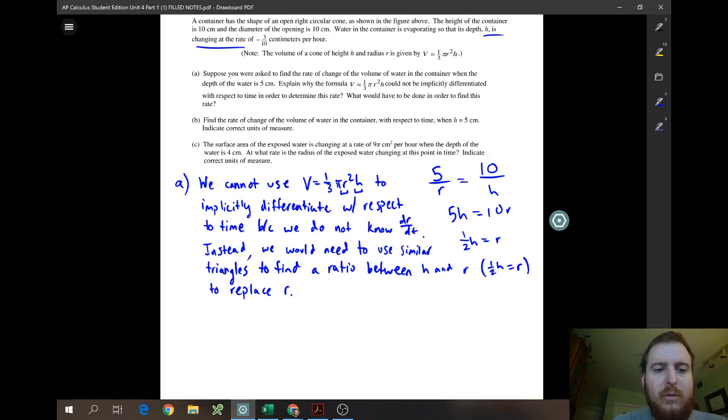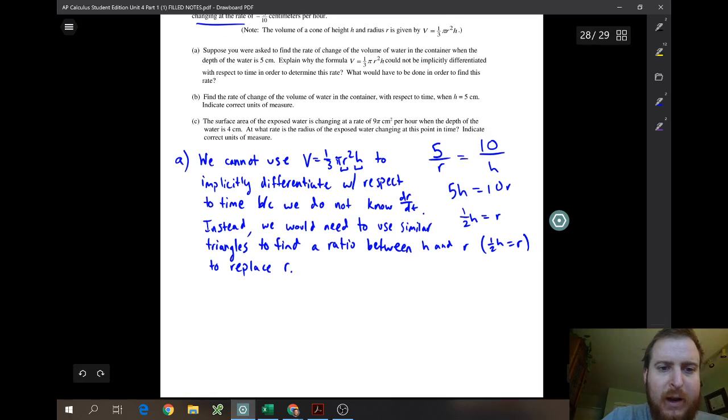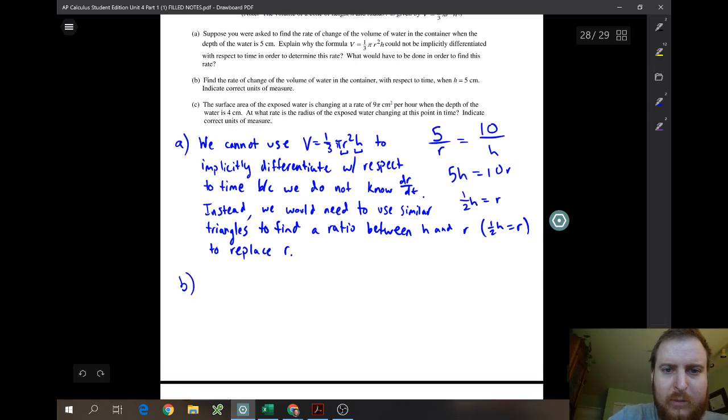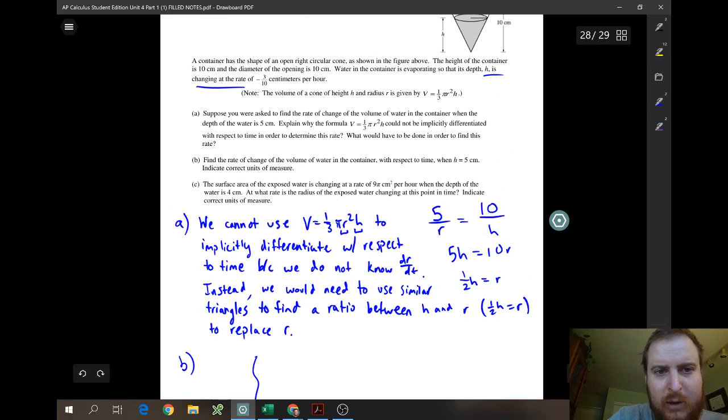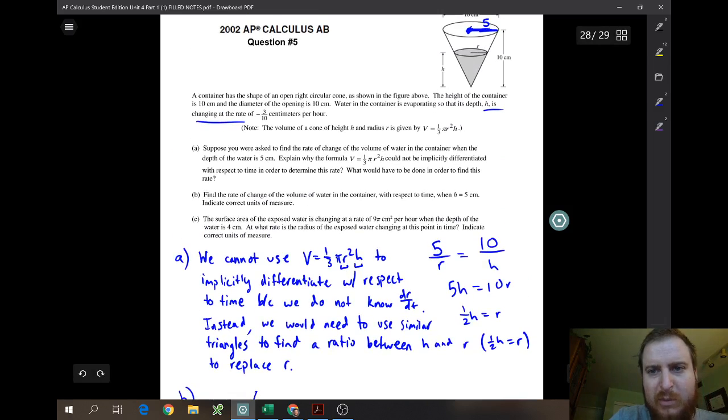So next up, for part B, find the rate of change of the volume of the water. So this is actually going to just be solving for that. Find the rate of change of the volume of the water with respect to the container. So I'm going to put in my variables. They gave us, I'm going to get rid of the big R and the big H. We don't really need those.